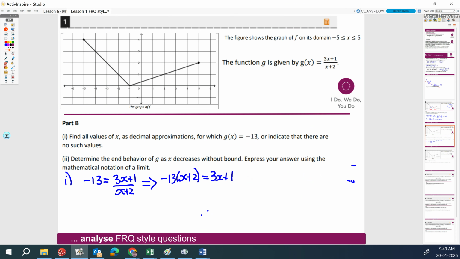So let me do that a little bit slower. Make sure I don't make mistakes. So I get minus 13x plus 2 is equal to 3x plus 1. And then, oh no, still making mistakes. Minus 13 times 2.